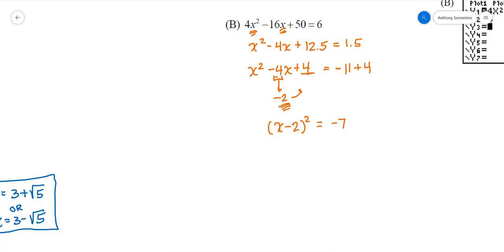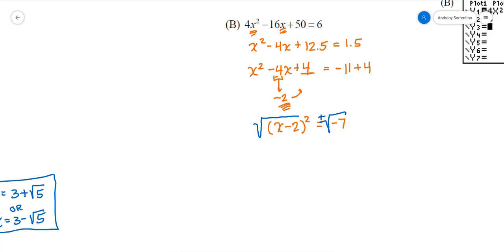So here I have a -2 attached to the x, but that's all inside the parentheses, and anything inside the parentheses can't move until the parentheses go away. Since the parentheses are what's being squared, they can't go away until the square goes away. So I'm going to square root both sides, remembering I have to square root the right-hand side and put that plus or minus symbol in there.